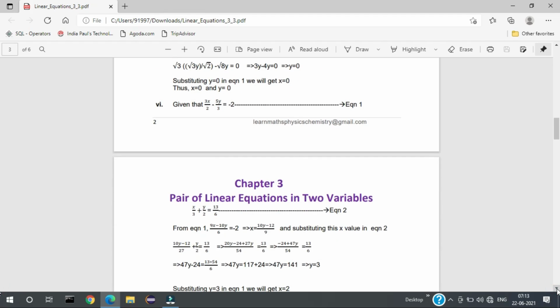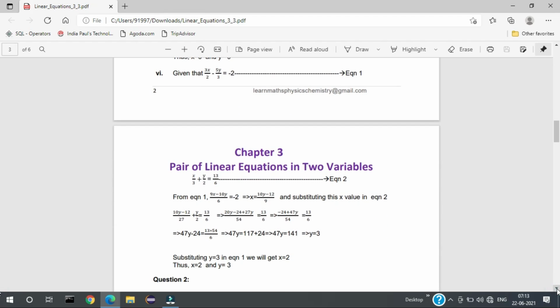Coming to sixth question. Given that 3x by 2 minus 5y by 3 equals minus 2, first equation. Next, x by 3 plus y by 2 equals 13 by 6. Equation number 2.